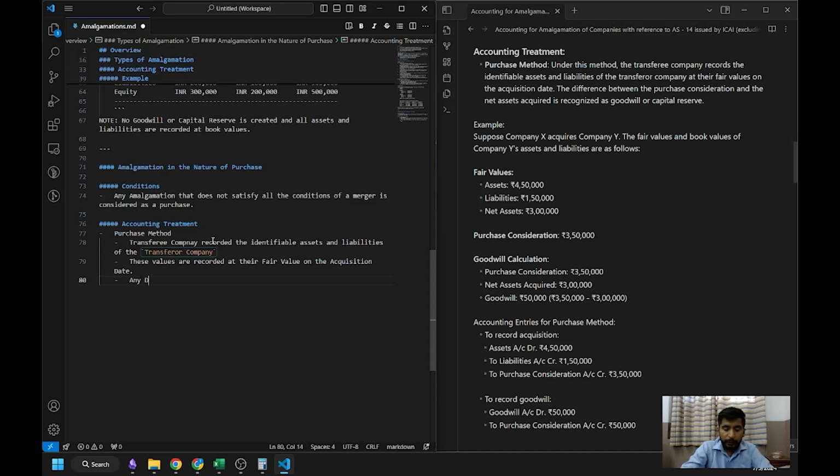Okay. And any difference between the purchase consideration and the net assets acquired is recognized as goodwill or capital reserve. Okay. Then let us consider an example.